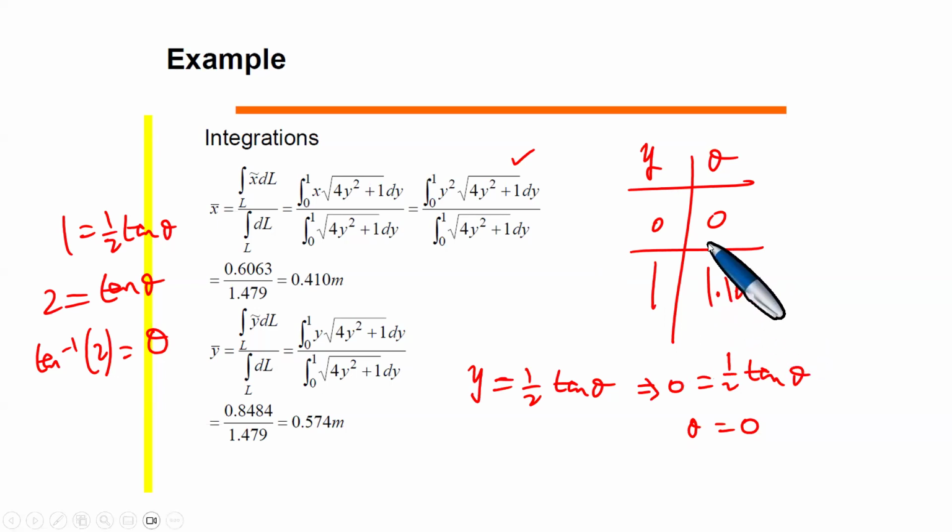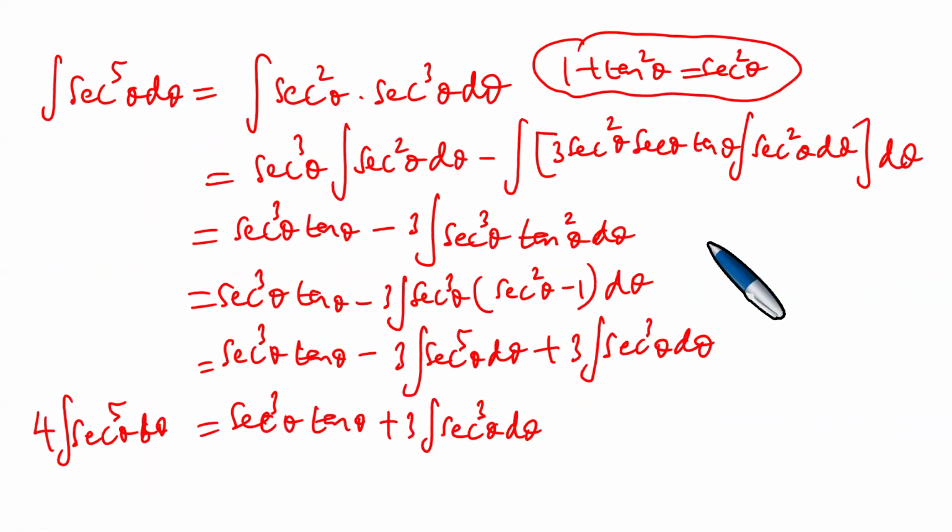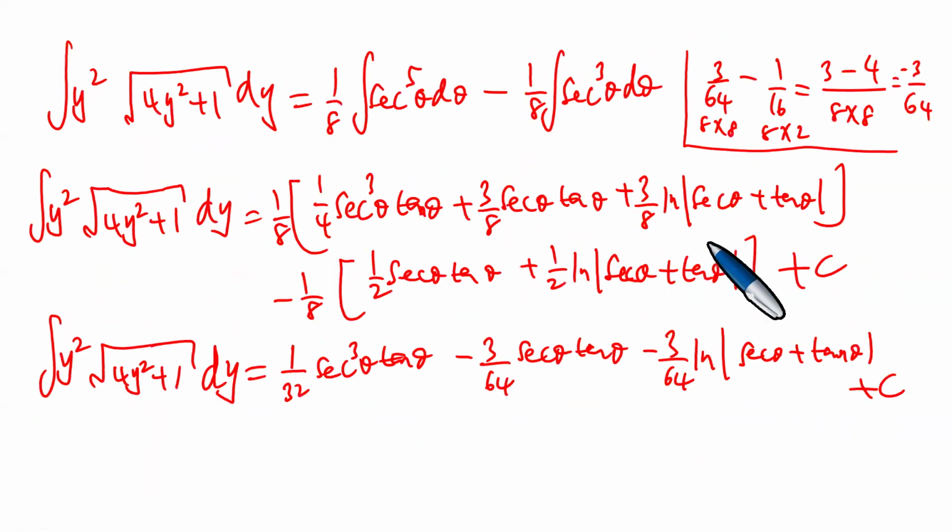1.107. Okay, so in other words, now we need to integrate from 0 to 1 of y squared times the square root of 4y squared plus 1 dy.